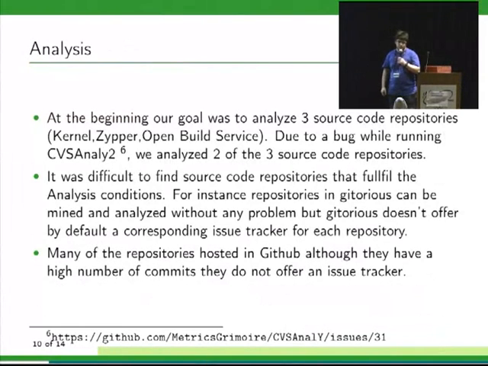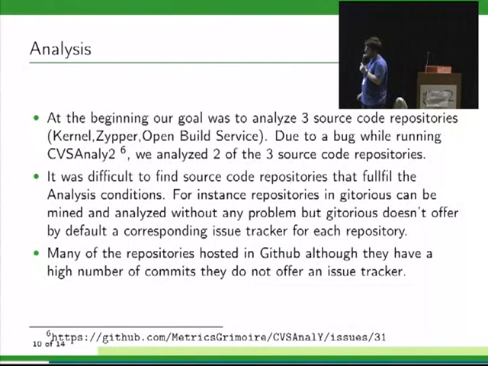Okay, but apart from the analysis, we had some problems. At the beginning, the goal was to analyze 3 projects: the kernel project, the Zypper project, and Open Build Service. Due to a bug in the tool, CVSAnalY, we didn't manage to analyze the kernel. So we focused only on Zypper and Open Build Service. If you have a look at the GitHub page of openSUSE, you can find more than 100 projects hosted in the official repository.